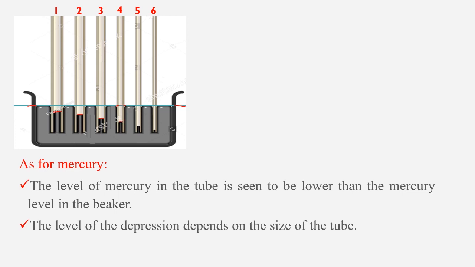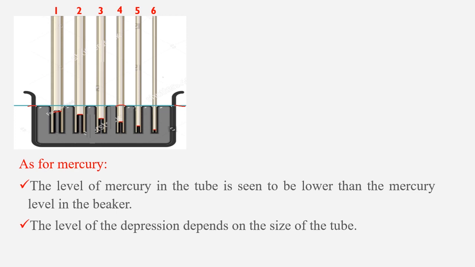Now we can see that the smaller the size of the tube, the more the depression. This is to say that the depression experienced by mercury in the capillary tube is higher in the smaller tubes compared to the larger tubes.